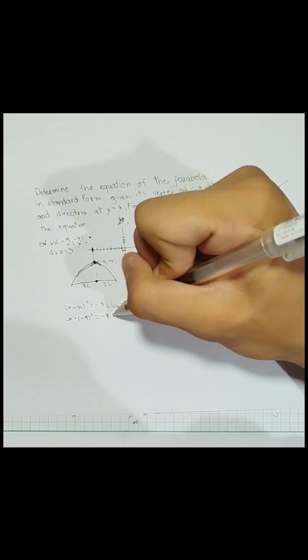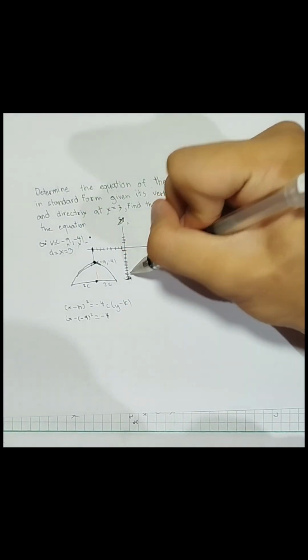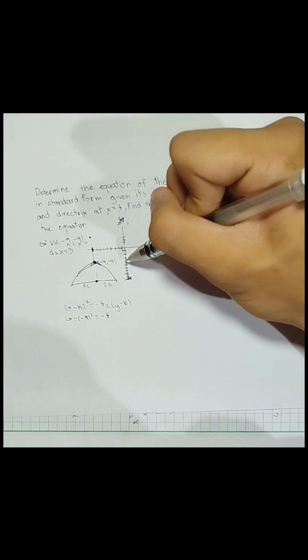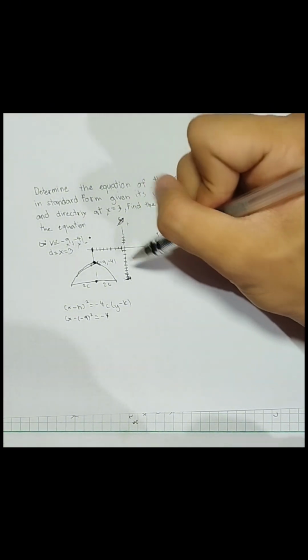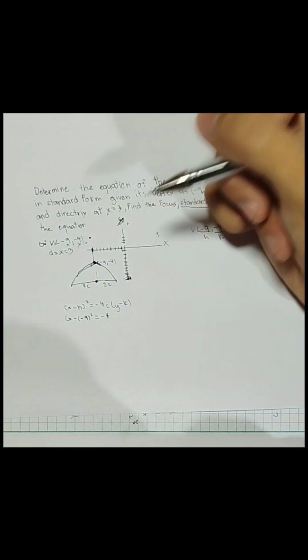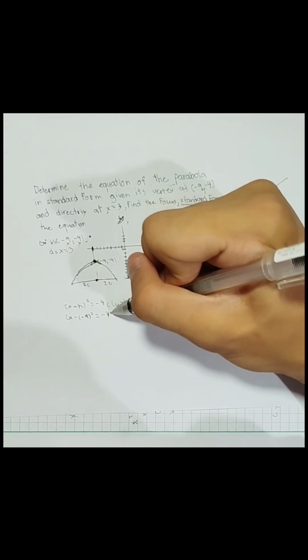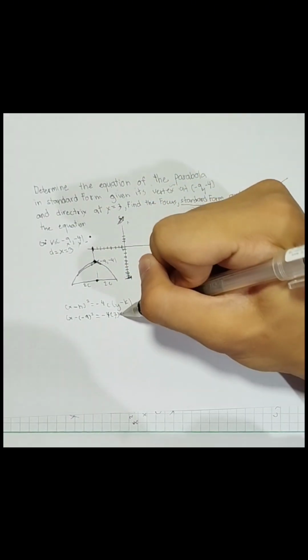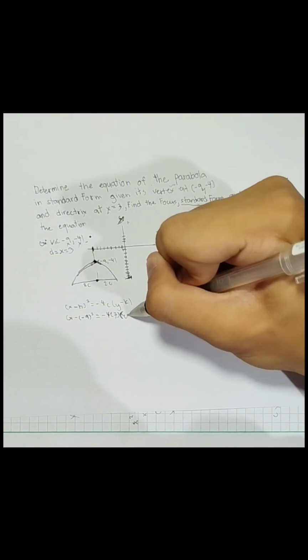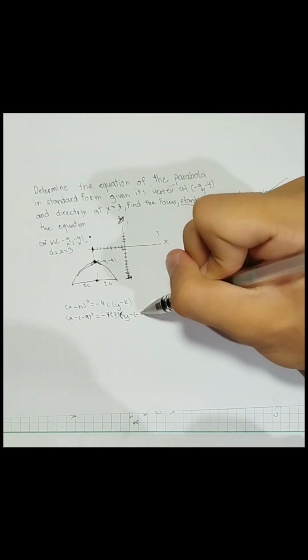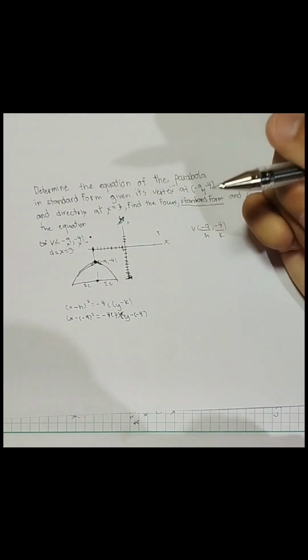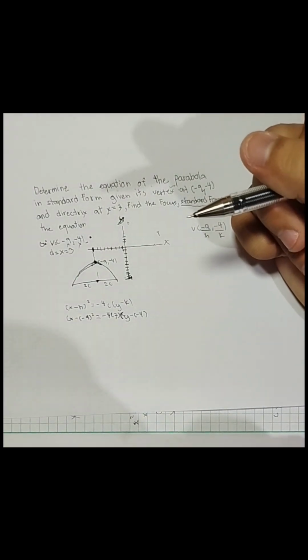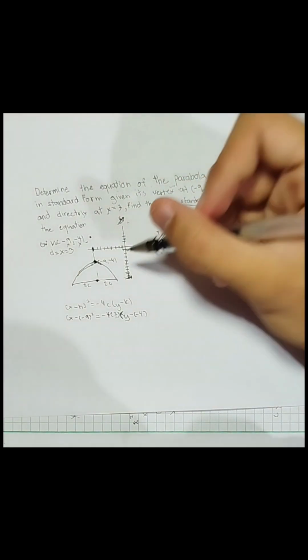Our C here is the distance between vertex to focus and vertex to directrix. As we have counted before, our distance was 7, so our C should be 7. Next is our Y. Our K is at -4. Okay, so next thing we're going to do is solve this equation.